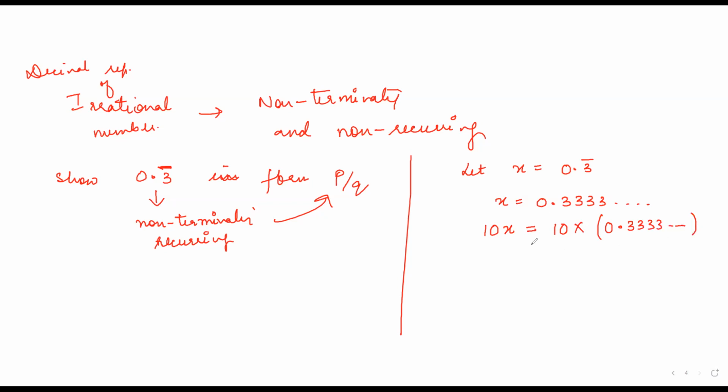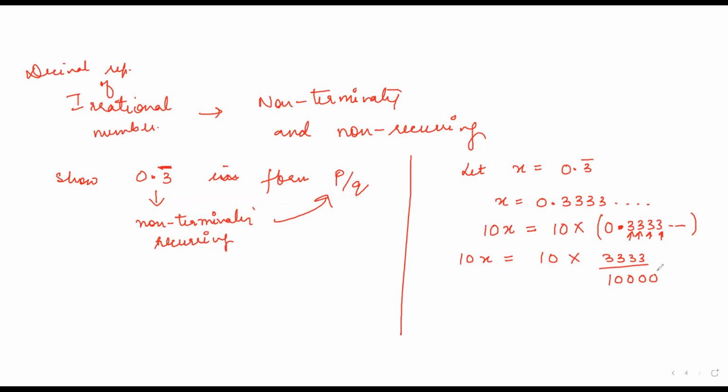Now if you remove the decimal, what will happen? 3333, and how many zeros now? 1, 2, 3, 4. After 4 places you have the decimal, so you will put 10000 in the denominator. Is it okay?